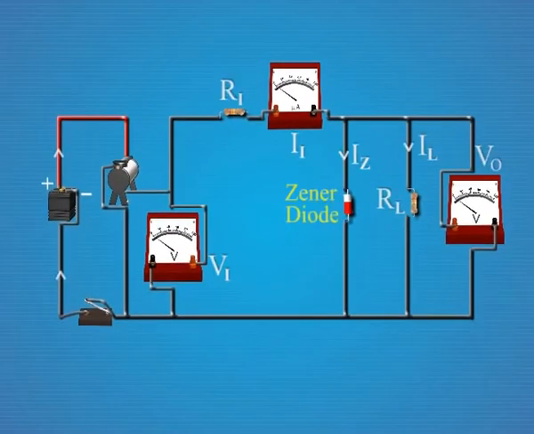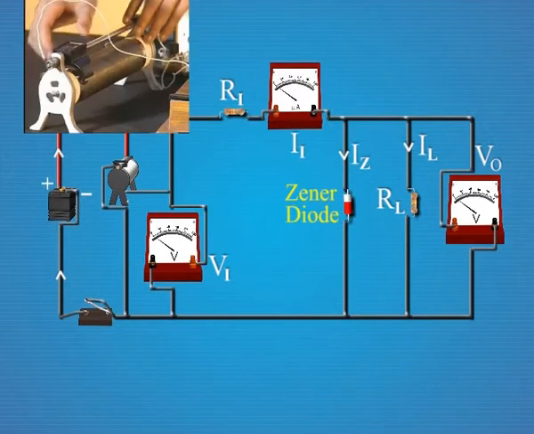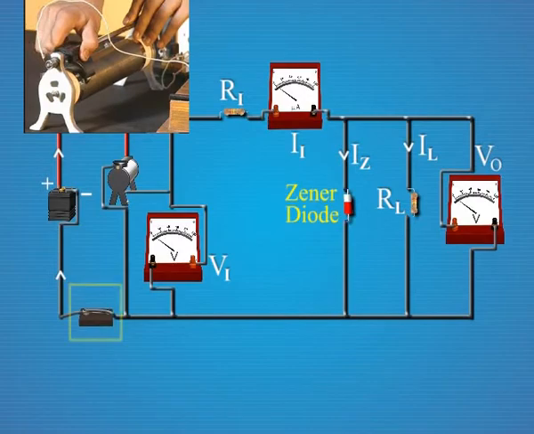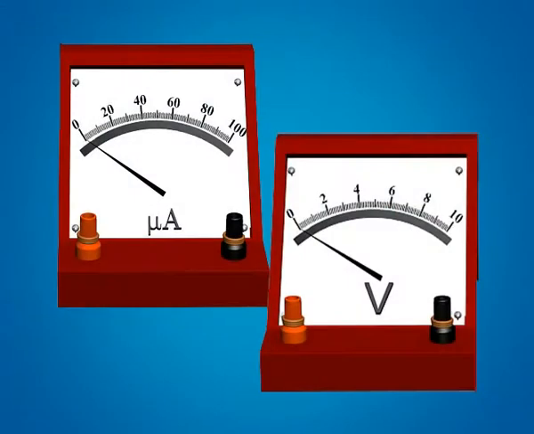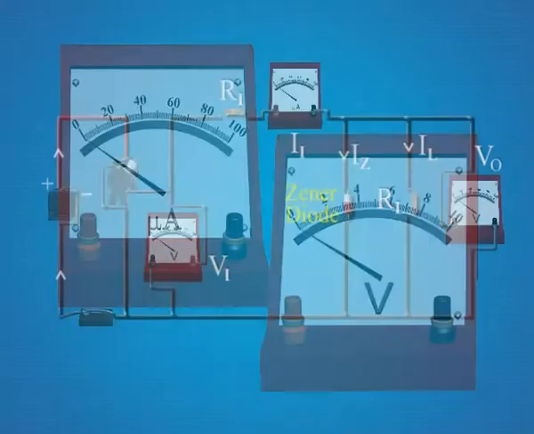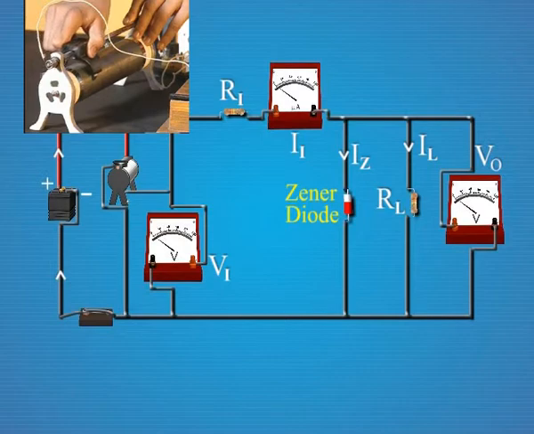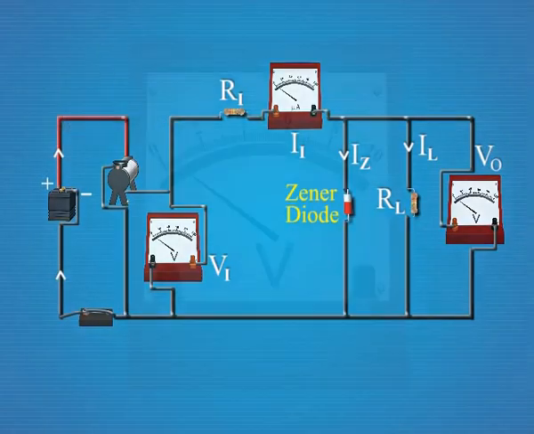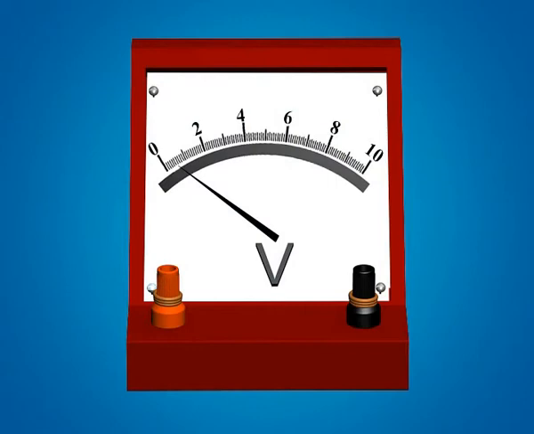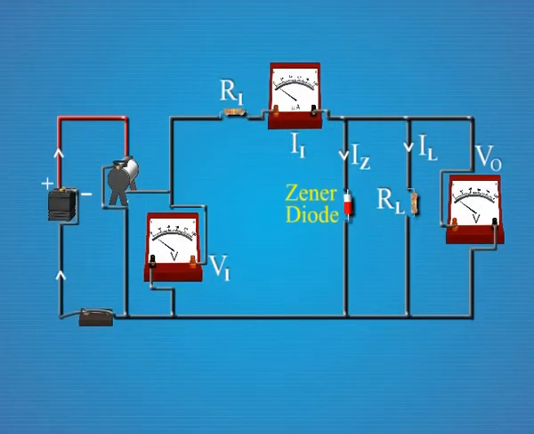Bring the moving contact of the rheostat to the minimum and insert the key K. Voltmeter and ammeter will read 0 at this moment. Move the contact a little towards the positive end to apply some reverse bias voltage Vi. Milliammeter reading remains 0.